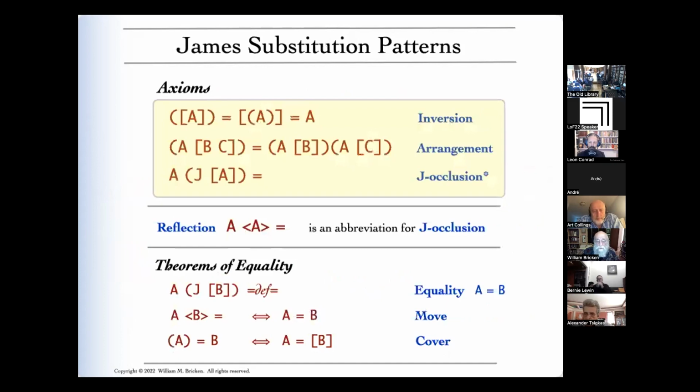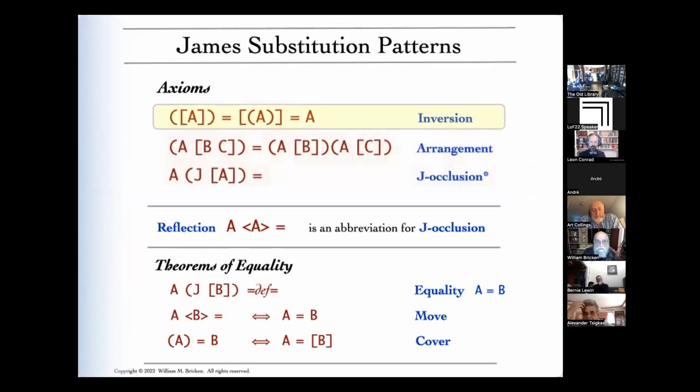And here are the 3 pattern axioms of James algebra. Capital letters stand in place of any forms. And that's all we need to do arithmetic and algebra. Inversion shows that parens and brackets mutually cancel in any circumstances.